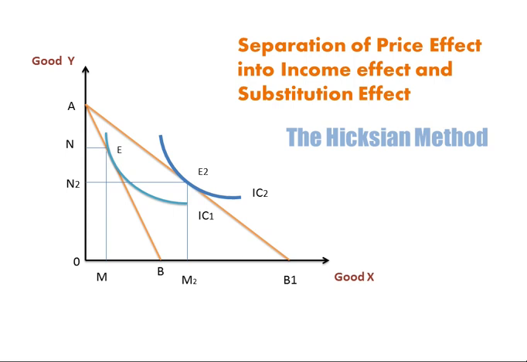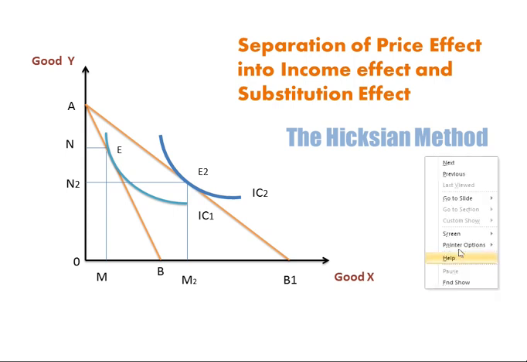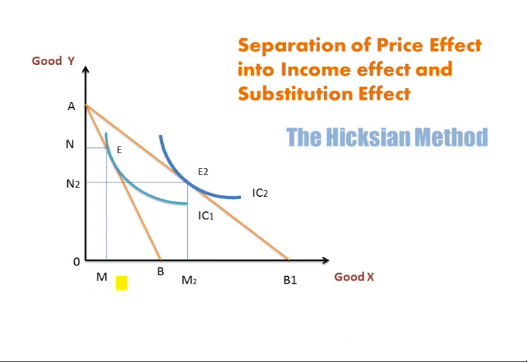Now you can see that the consumer is purchasing more units of good X. Instead of OM, he is buying OM2 units of good X. I have to use a highlighter here. Before, he was buying only up to OM units of good X. Now the consumer buys OM2 units of good X.